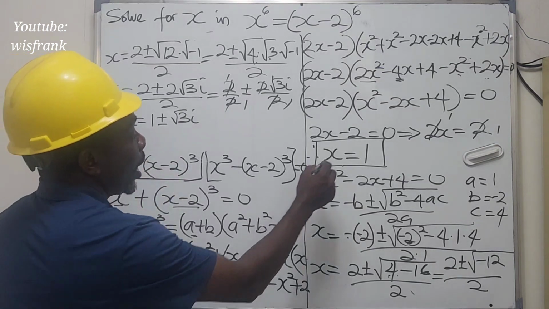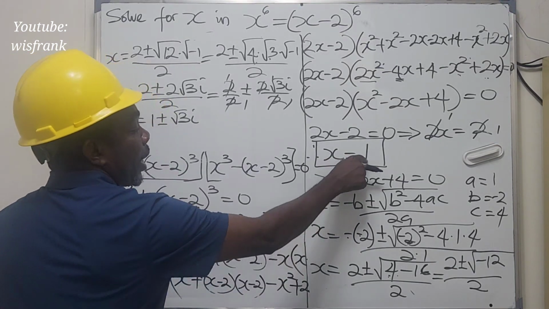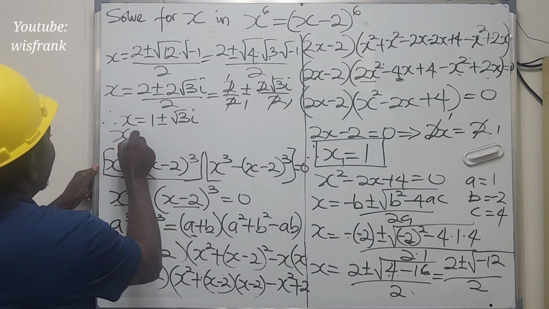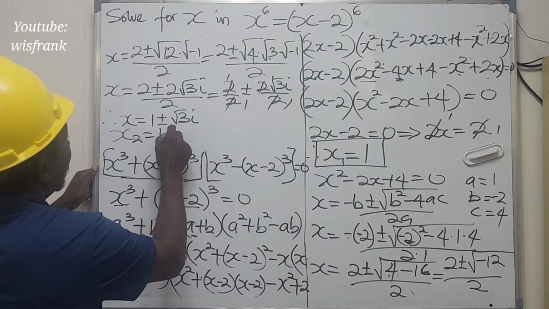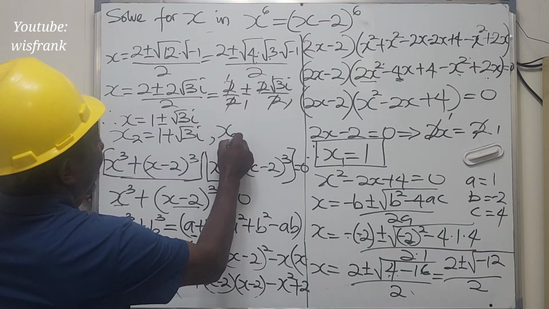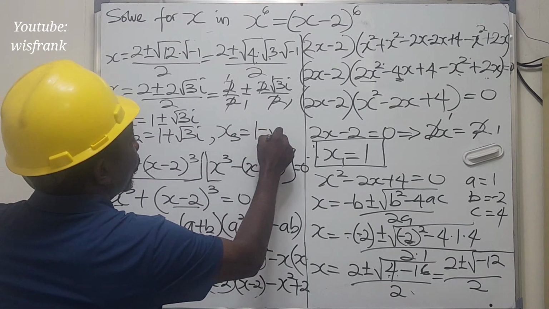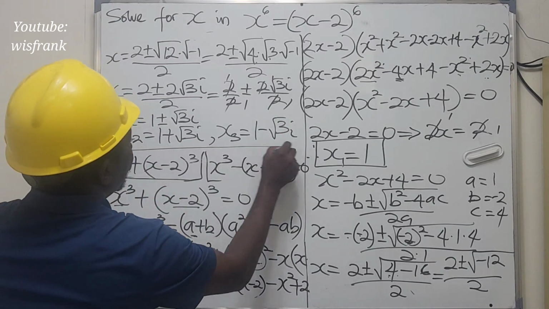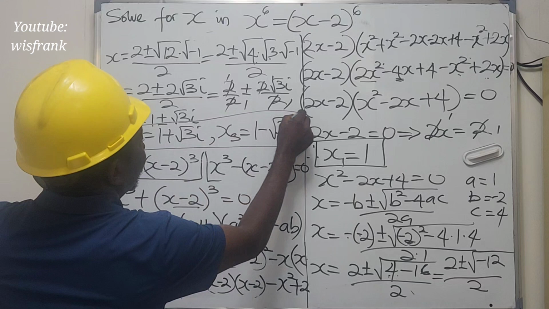So here we had x1. So this will be x2 and x3. So we have x2 equals to 1 plus root 3i. And we also have x3 equals to 1 minus root 3i. So this is the value of x2 and x3 that we have.